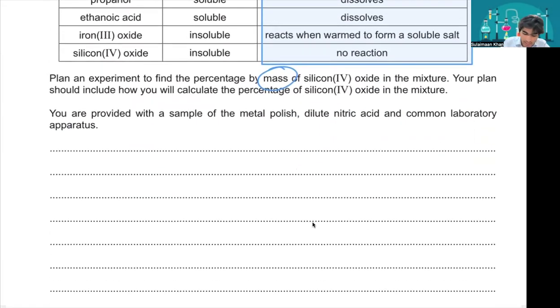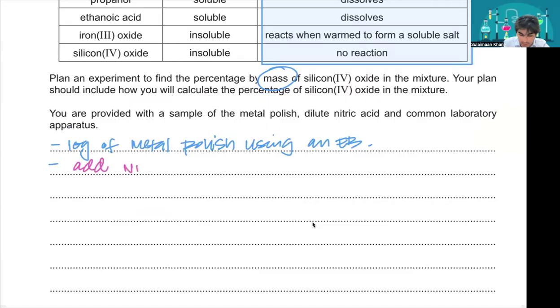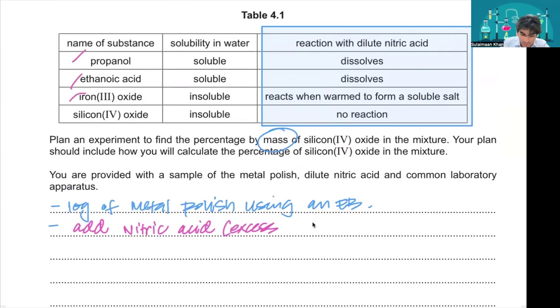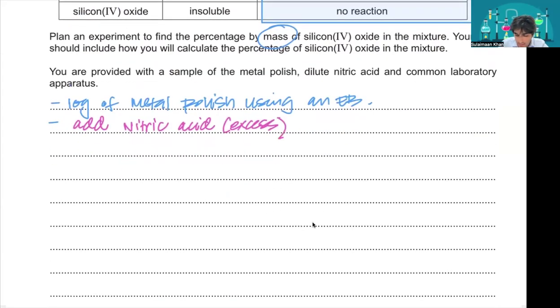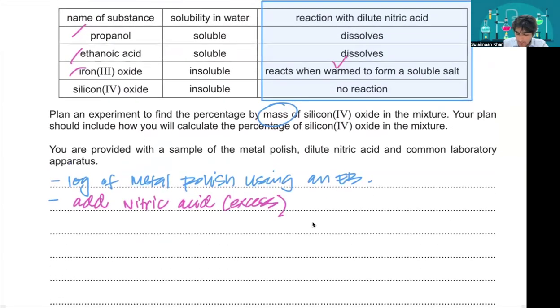Just take 10 grams of metal polish using an electronic balance. Then what do you do? Add nitric acid in excess, because I want to make sure that all of this dissolves. You also need to warm it, and you also need to stir it, in order for this to dissolve.